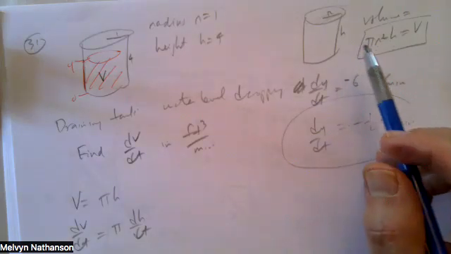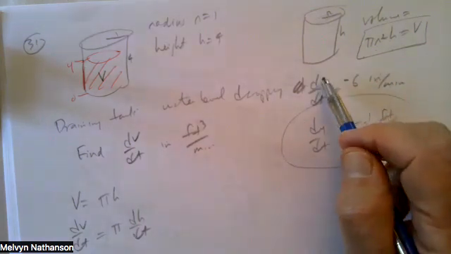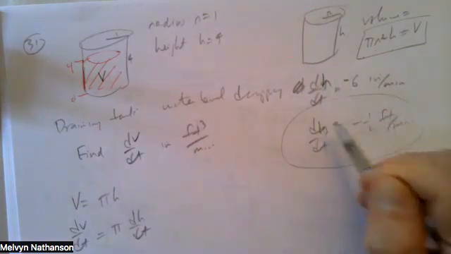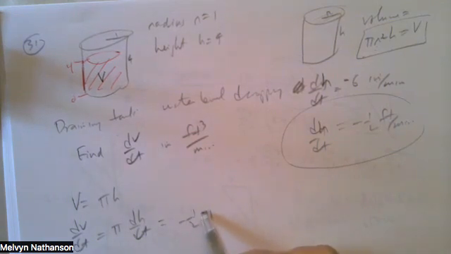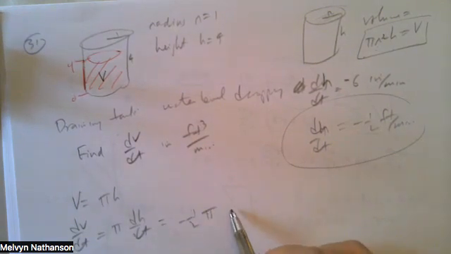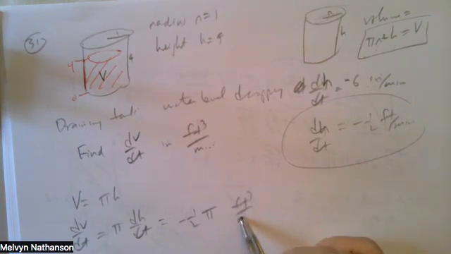Sorry, the height, let me just call this h, dh/dt. dh/dt is minus a half. This is minus a half pi cubic feet per minute. That's all there is to it.